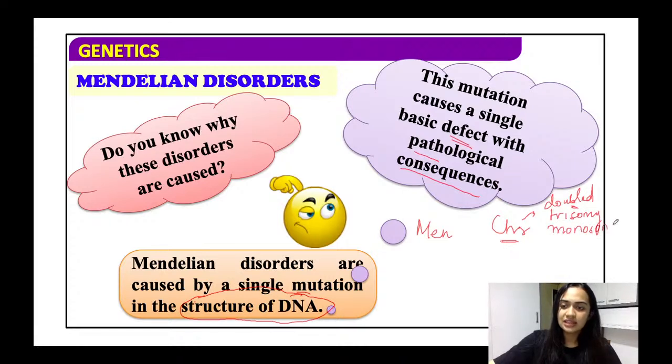And it is not necessary that this will be passed from one generation to another. There is no flow. But in case of the Mendelian disorders, these are the diseases and characters that flow from parents to the offspring. All right, this is clear.